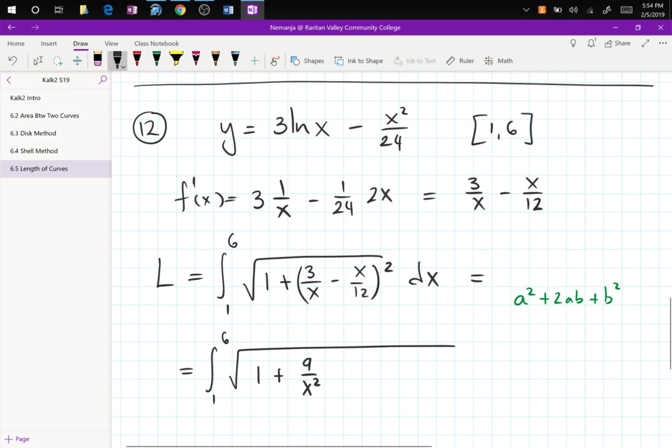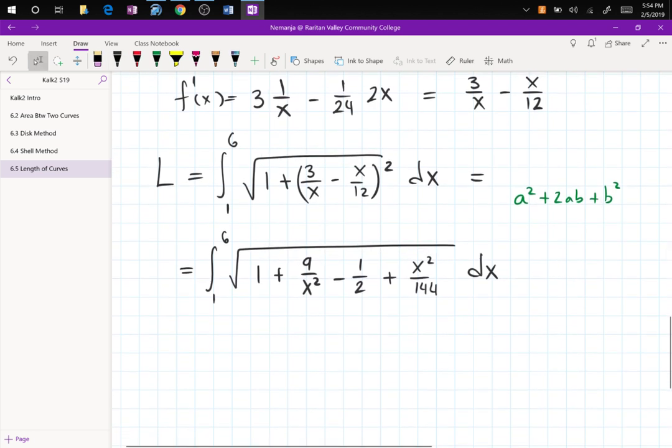So I would have negative 1/2, sorry. Wait, 3 and 12? Yep, I'll do it on the side. And then plus x squared over 144, 2 times, dx.